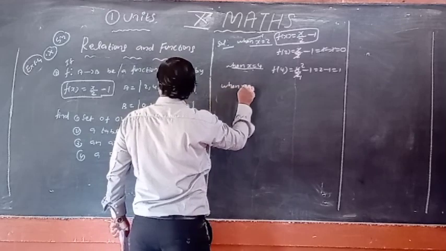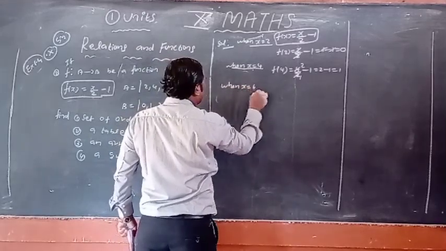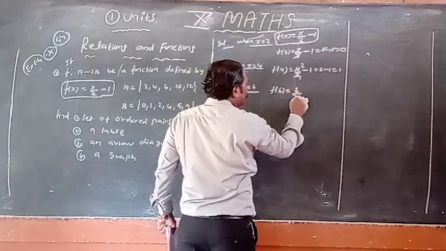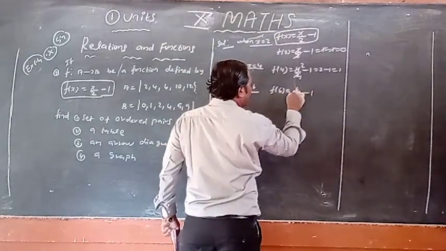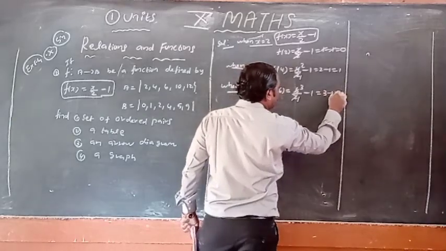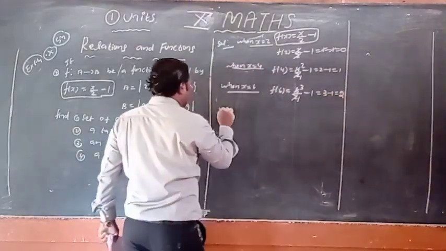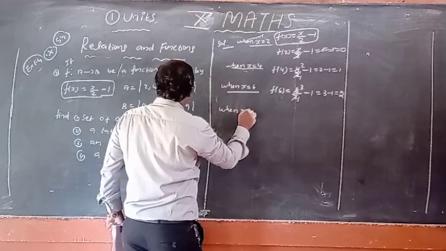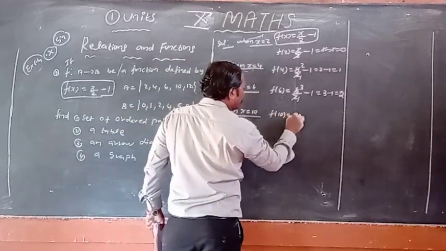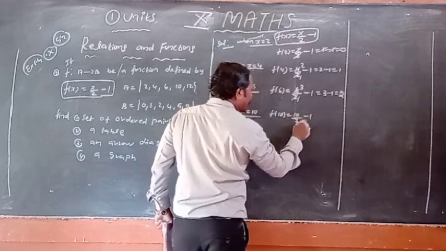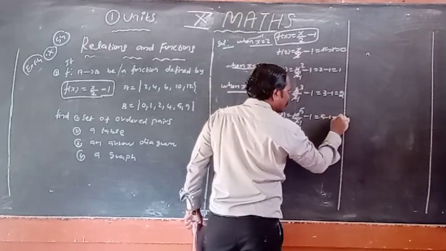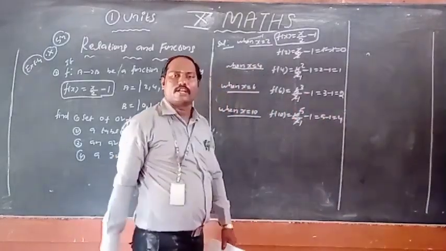When x equal to 6, f of 6 equal to 6 by 2 minus 1. 2 threes are 6, so 3 minus 1 equal to 2. When x equal to 10, f of 10 equal to 10 by 2 minus 1. 2 fives are 10, so 5 minus 1 equal to 4.